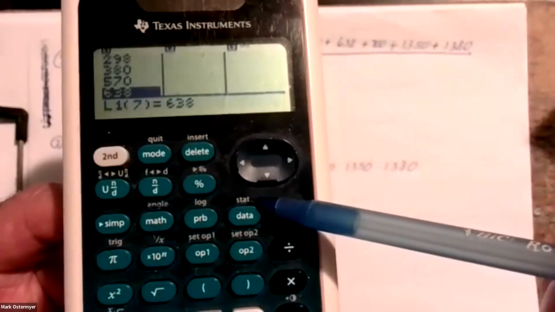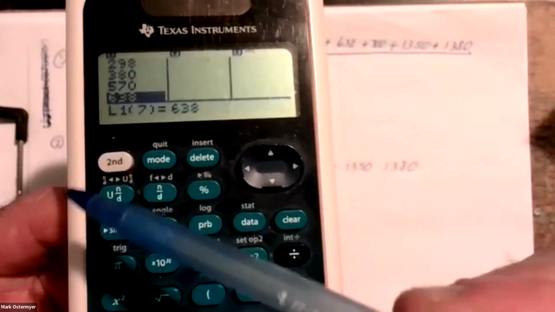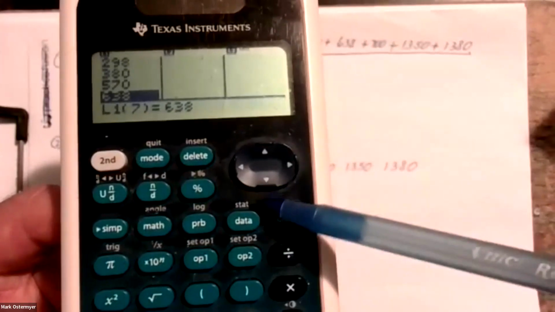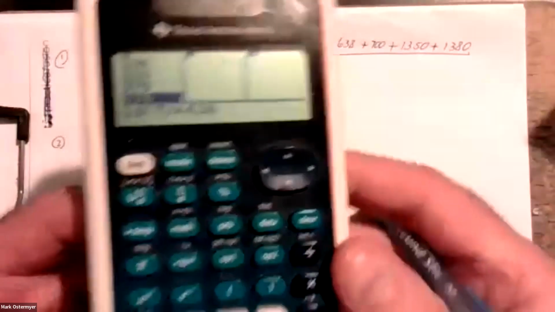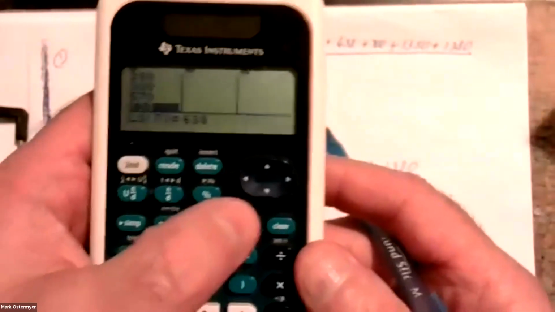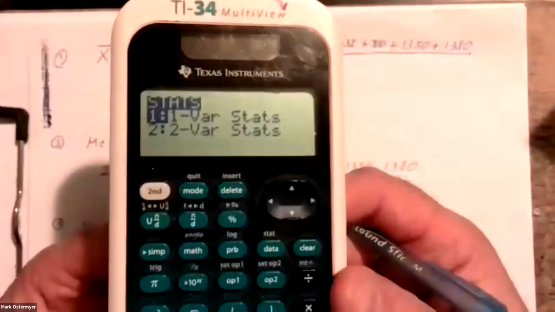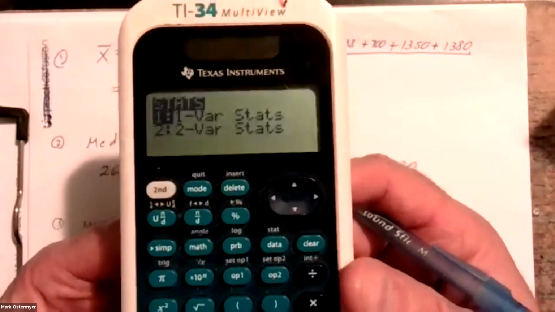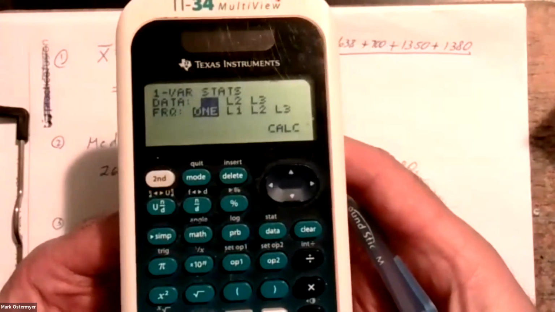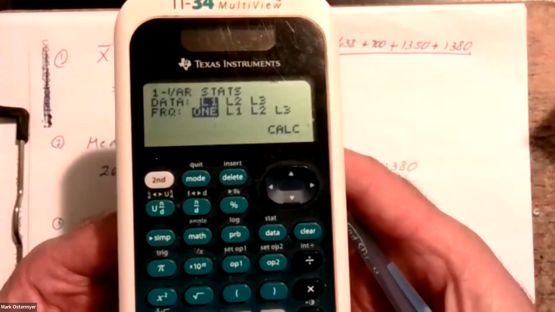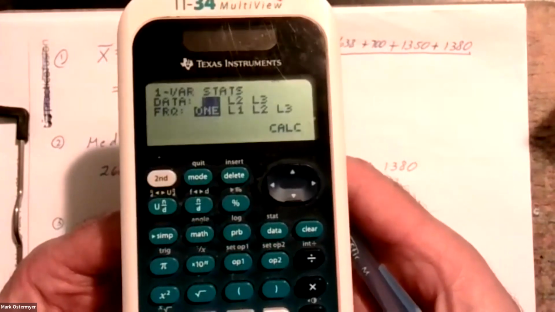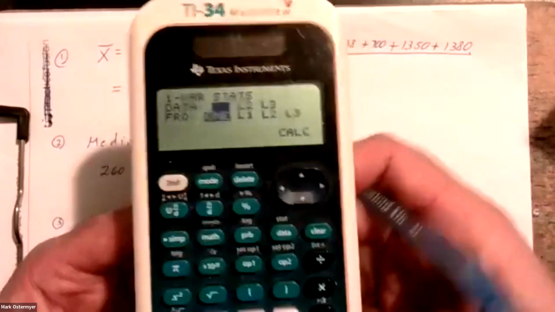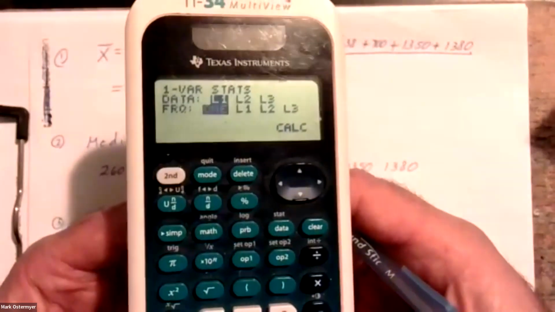To access stat, I have to precede my data button by hitting the second key. So second, data, stat. Then you select one variable statistics, number one, hit enter. You want to compute the one variable statistics for list one. Notice we have 3 lists at our disposal. With your cursor blinking on list one, hit enter to select it.